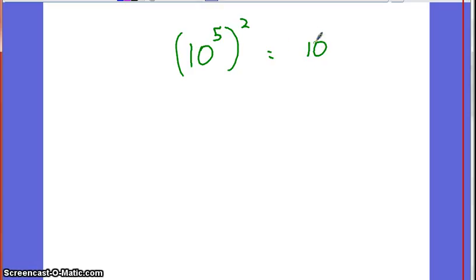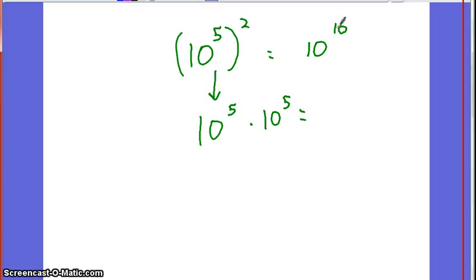How many total 10s are we dealing with? 100? No. 5, 7? No, not 7 this time because we've got the parentheses. So what this is telling us, and this is where it gets confusing, is 10 to the 5th times 10 to the 5th. Now what is it? 10 to the 10th. 5 times 2. Oh, okay.